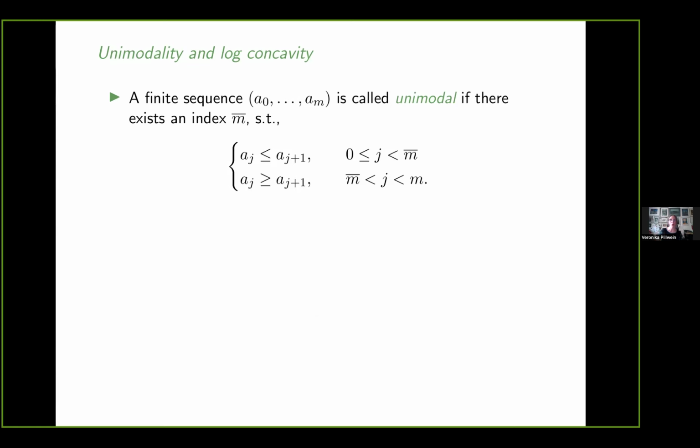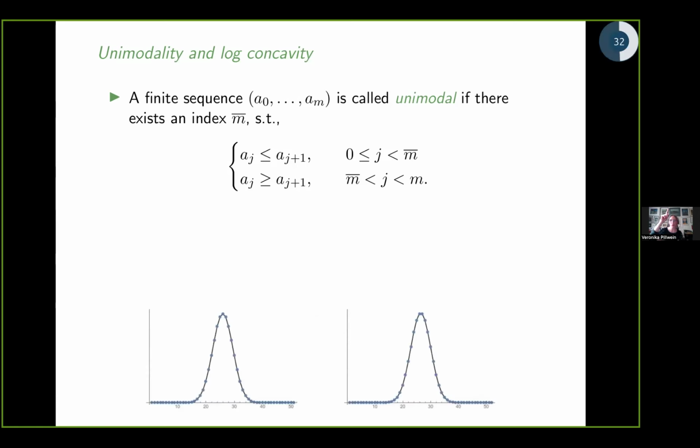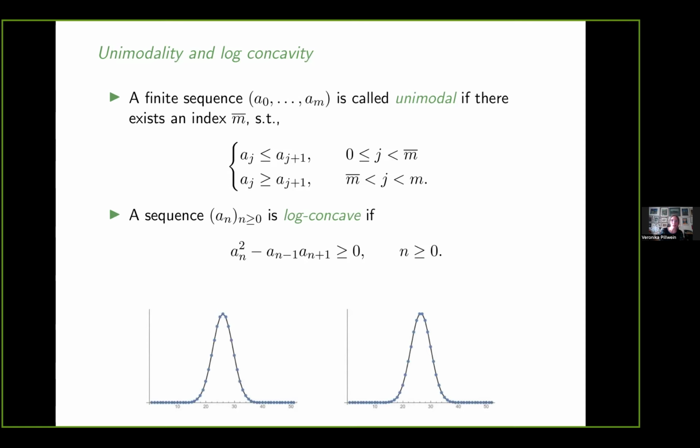So let me recall, a finite sequence is called unimodal if it goes up to a certain point and then it starts going down. The example we see down there is the binomial coefficient, and it looks very much unimodal. A sequence is called log concave if this inequality holds, which is also often called the Turan determinant of a sequence.